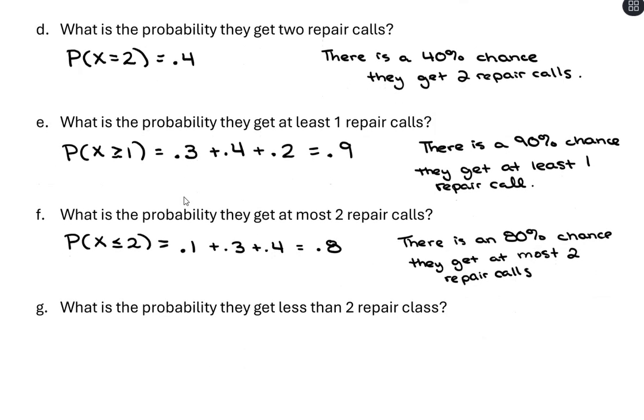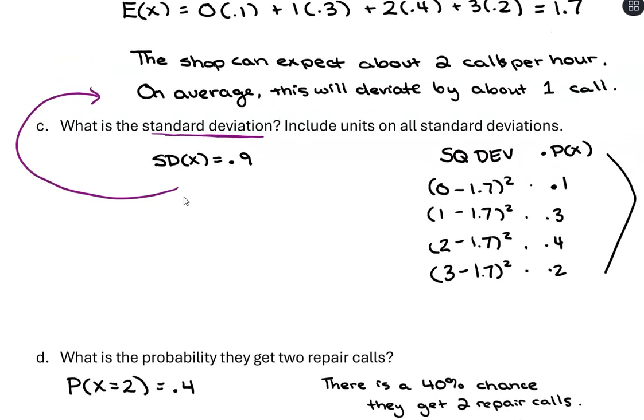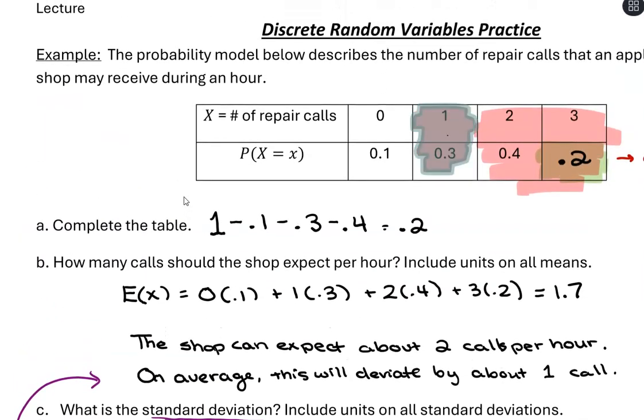What is the probability they get less than 2 repair calls? The probability that x is less than 2. So in this case, let me go back to my table here and show visually. Less than 2 is everything below 2 and not including 2. So this would be the same thing as less than or equal to 1, but strictly less than 2 is not going to include 2 with it.